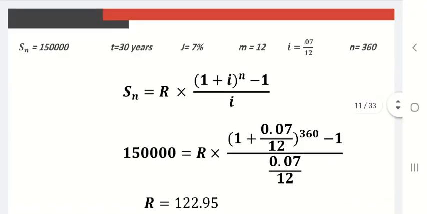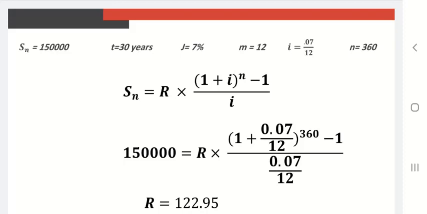And by substituting for Sn equal 150,000, J equal 7%, I equal 7% over 12, and N equal 360, which is 30 years times 12.